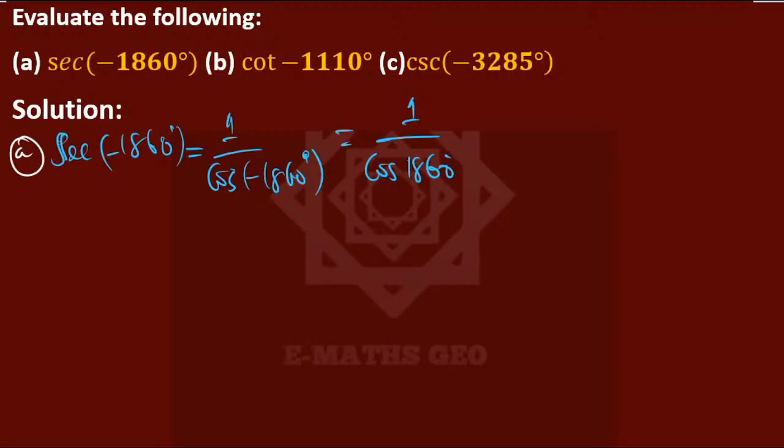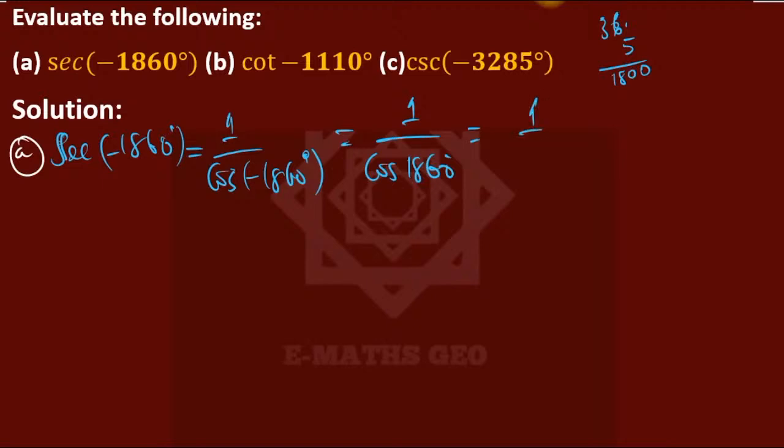So now, this is where we apply the periodic identity. So we now check how many 360 are here. We have 1860. How many 360 will be there? No, we're not using a calculator. So if I multiply 360 by 10, I have 3600. Okay, let's make it multiplying by 5. I have 1800. You see?